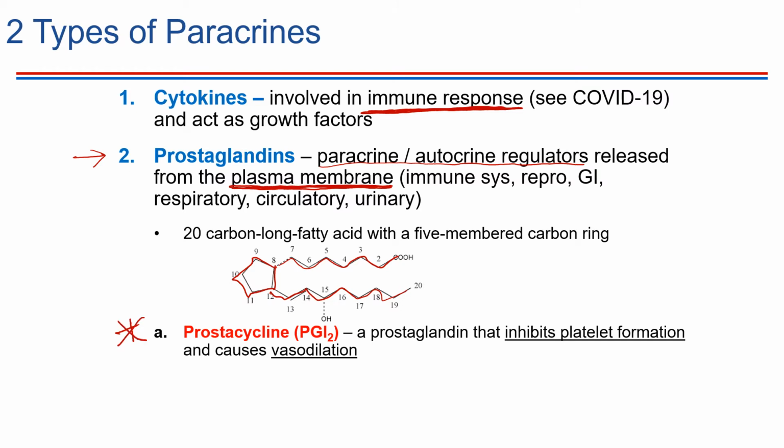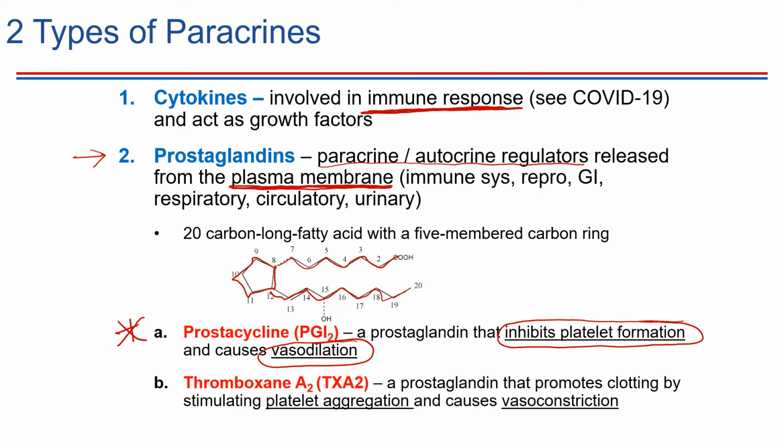So prostacyclin, it's also called PGI2, is a prostaglandin, so it's a paracrine as well, that inhibits platelet formation and causes vasodilation. So it's doing these two things. It's inhibiting platelet formation, and if it's vasodilating, it's doing the opposite of making a plug here. It's allowing the blood to flow freely.